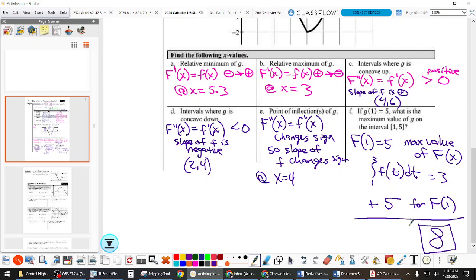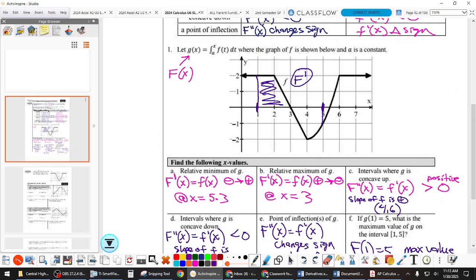Now, what bugs me about this problem is the way it's worded. When we get to topic questions from AP, we'll try to compare. But to me, when it says F of 1, or G, in this case, of 1 is 5, I read that as this area is 5.